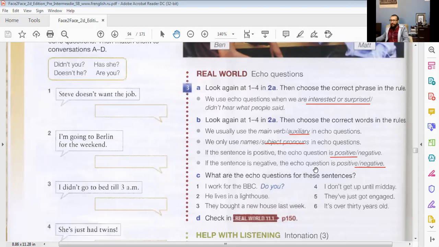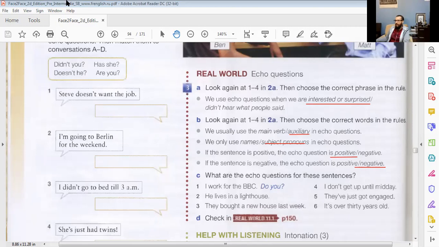But what is it? Is it present simple, the sentence? Have they? That's it. Correct.